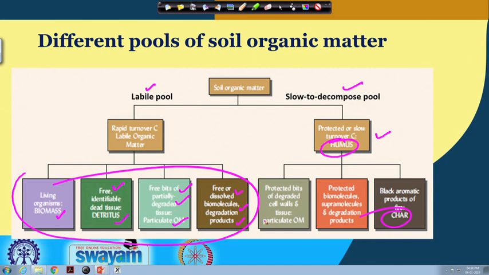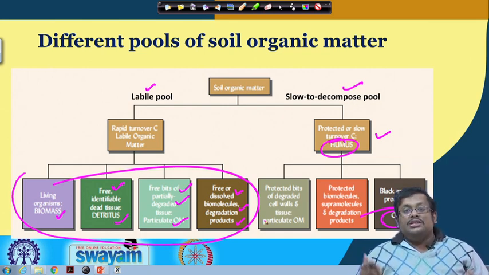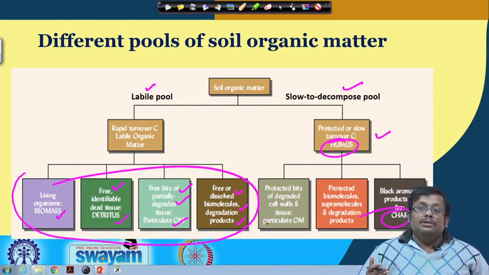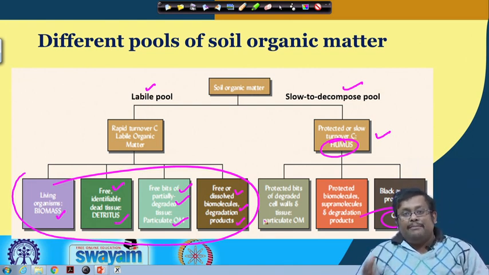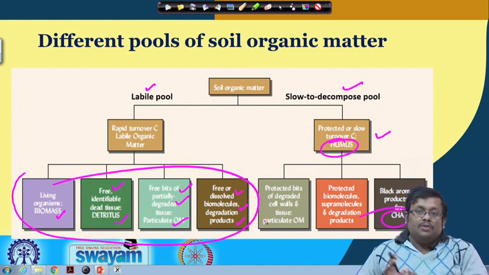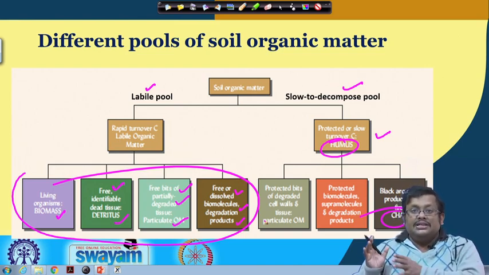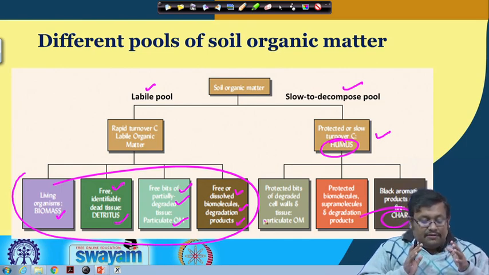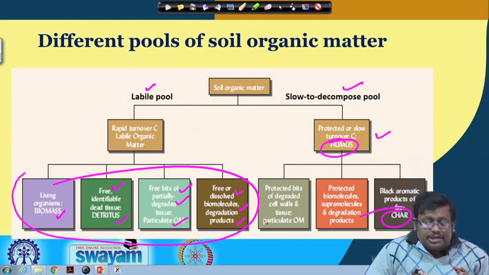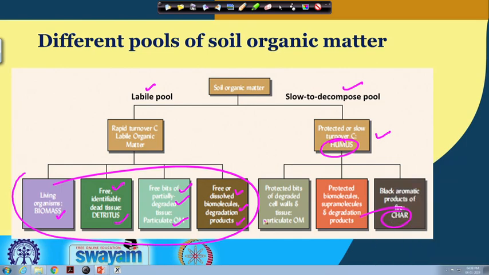So soil organic matter can be divided into a labile pool, which undergoes rapid decomposition and change, and a stabilized pool, which is more or less stable. Humus is an important component of the stabilized pool, while living organisms, free identifiable detritus and particulate organic matter all represent the labile pool.